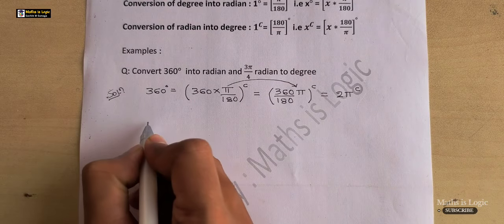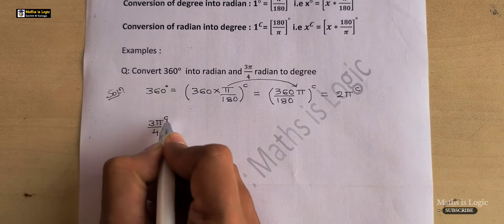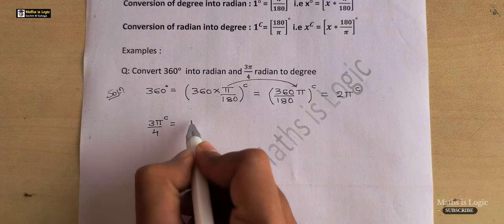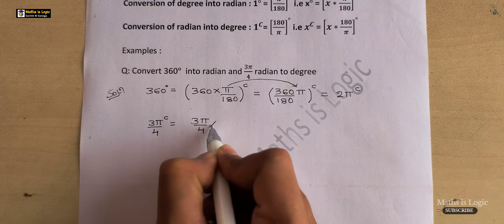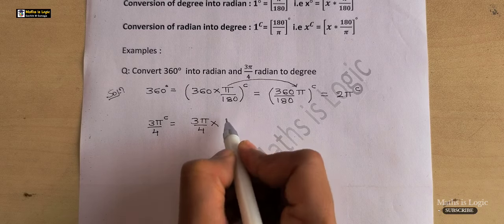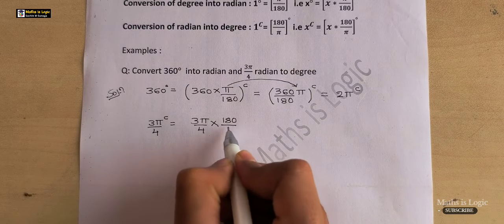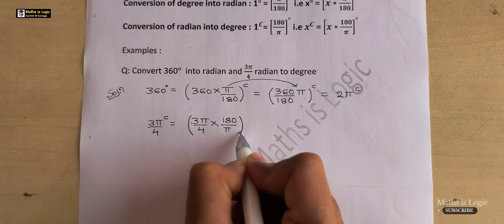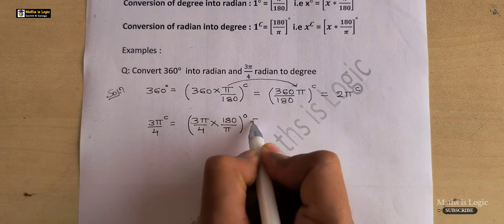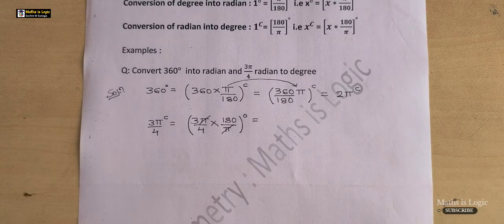Next, second one, 3 pi divided by 4 radian. So what to do for this? 3 pi divided by 4 multiply by 180 divided by pi. Then only this radian will convert into degree. That time pi and pi is going to get cancelled.